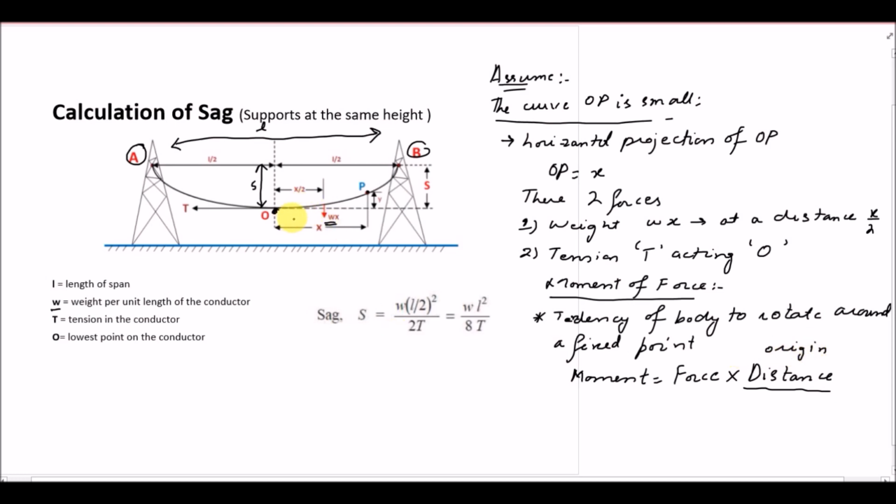In this particular example, we have a weight which is acting downward, so it is trying to rotate the transmission line in the clockwise direction, right? And the distance from the origin, if I assume this O is the origin, will be x by 2. So what is the moment of force? It is just the multiplication of force, which is Wx, the weight of that particular part of the conductor, into the distance from the origin.